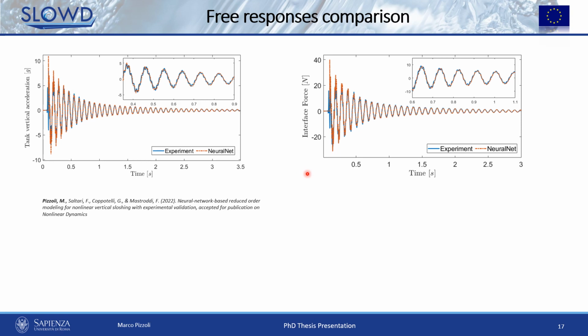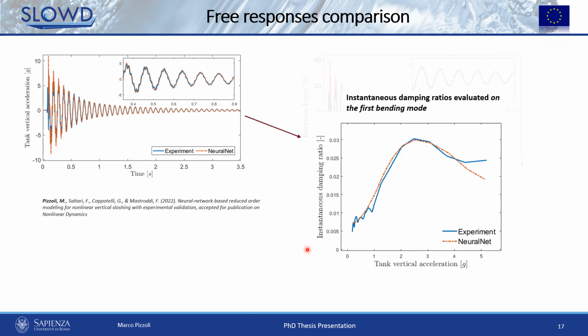Recall that this experimental force was measured by load cells. And the curves are practically superimposed. And also by evaluating the damping coefficient by means of the logarithmic decay, it can be further seen that the neural network is able to return approximately the same dissipative behavior as the liquid, as shown in this trend.